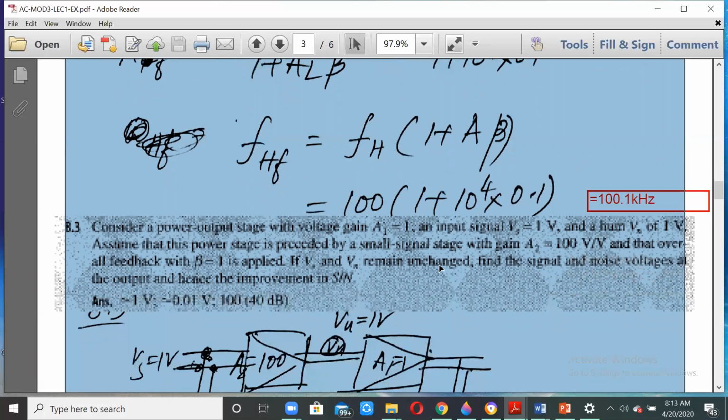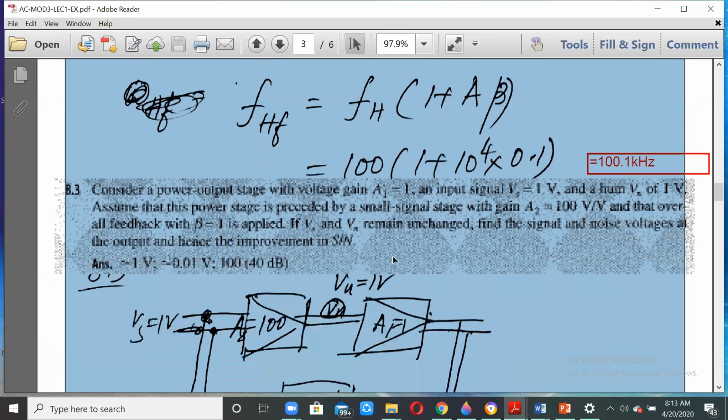Then the next problem, considering the power output stage with the voltage gain A1 equal to 1 and input signal Vs equal to 1 volt, and a hum, hum means noise, Vn of 1 volt. Assume that the power stage is preceded by a small signal gain.